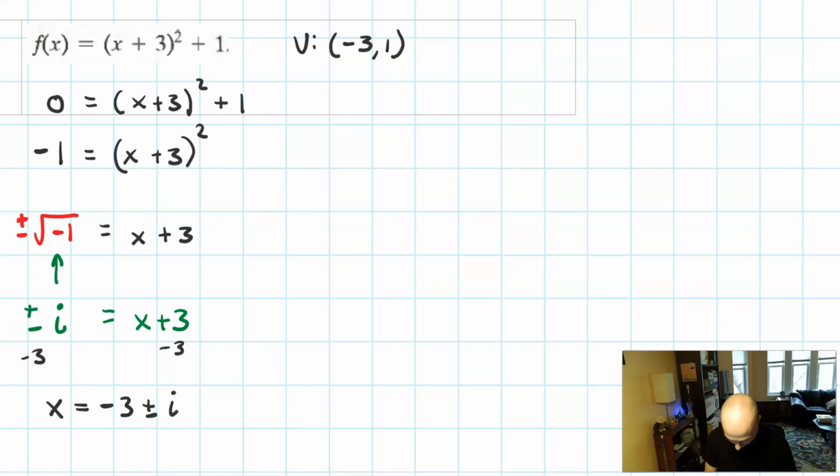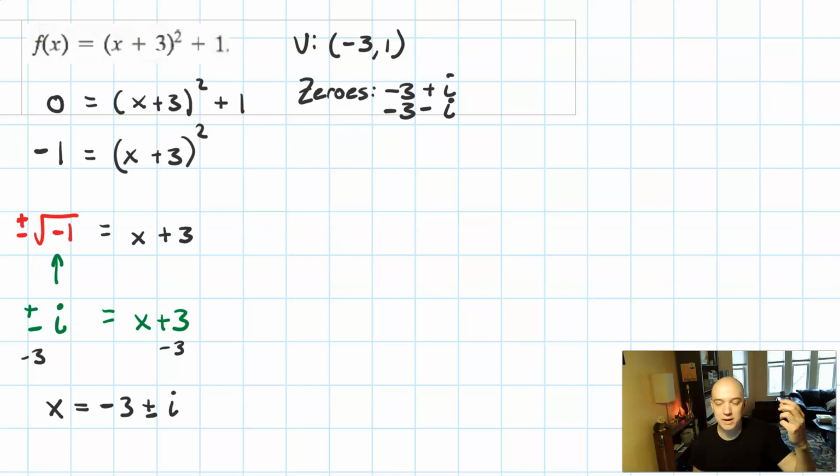So the 2 zeros are going to be negative 3 plus i and negative 3 minus i. So this is an example of a quadratic that does not have real zeros.